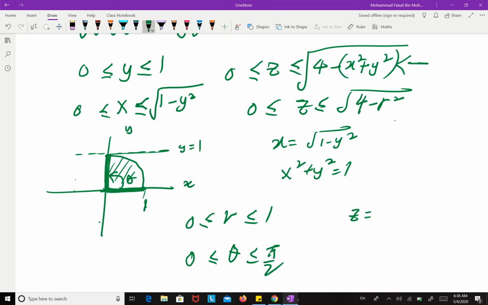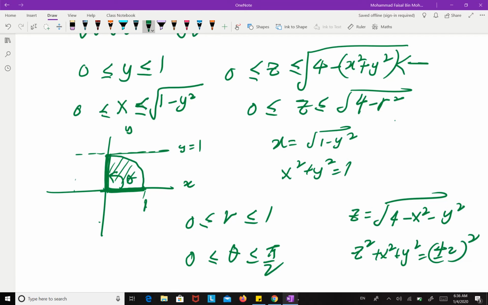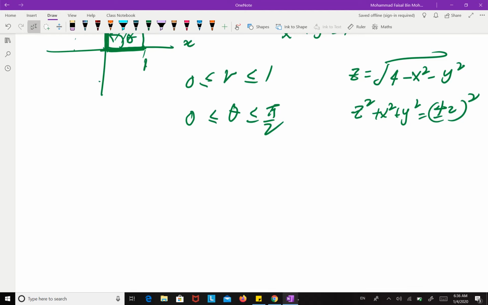So z equals to the square root of 4 minus x squared minus y squared, and squaring both sides you get z squared plus x squared plus y squared equals 4, so the radius is plus minus 2. So this is a hemisphere with radius 2. If you want to draw the hemisphere, I'm going to draw it again. This is x, y, and z. So the radius is 2.